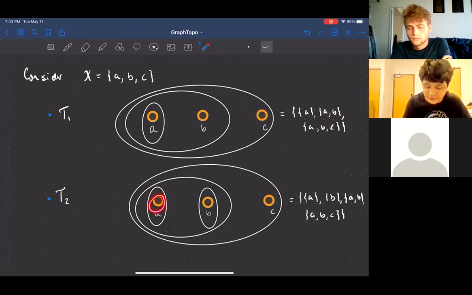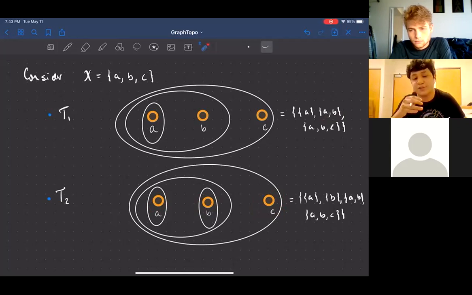You have points A and B on their own. But if you want to consider the point C, then you also need to consider points A and B. This is interesting because in the end, what we are doing here is sort of gluing points together, which is the main idea of graphs.